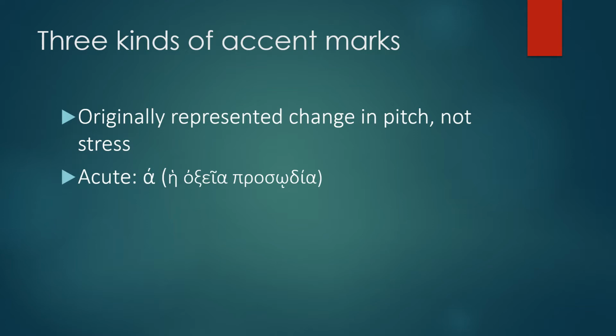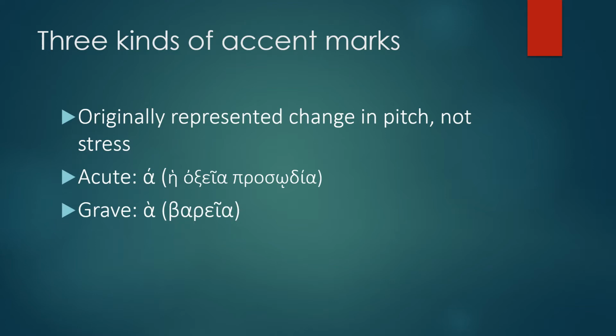So I've heard that these ups and downs in pitches could have been as much as the interval of a fifth, which to me sounds pretty extreme because I speak English and that would be a lot. So I'm going to say for this course, we're just going to kind of put some stress on stuff. So he oxea prosodia.